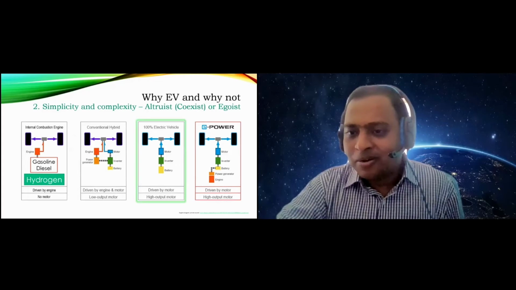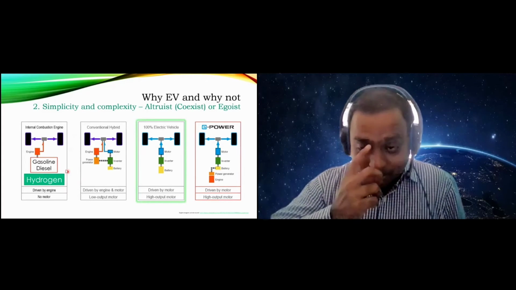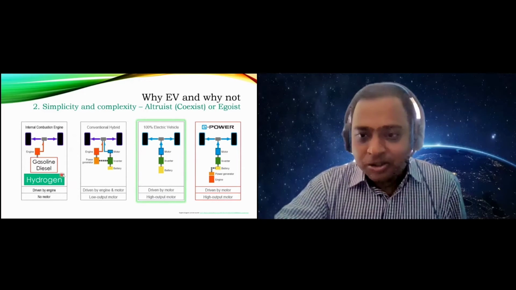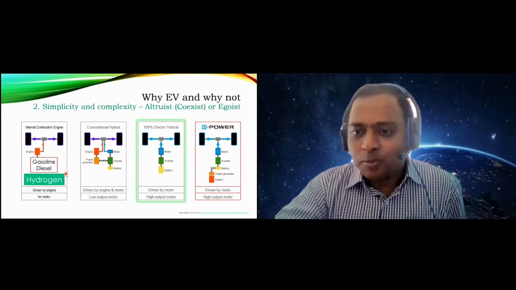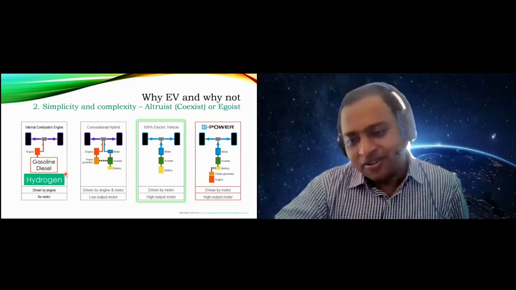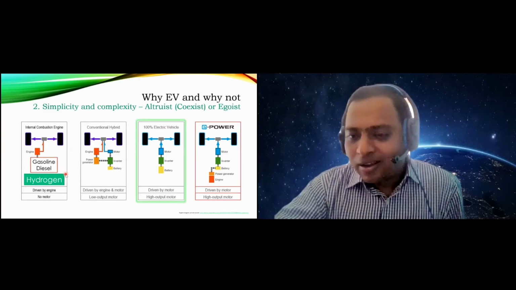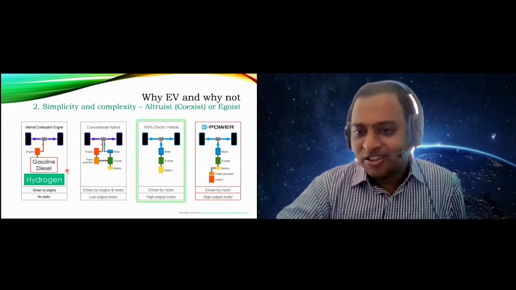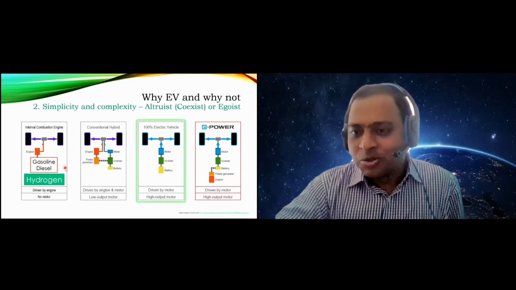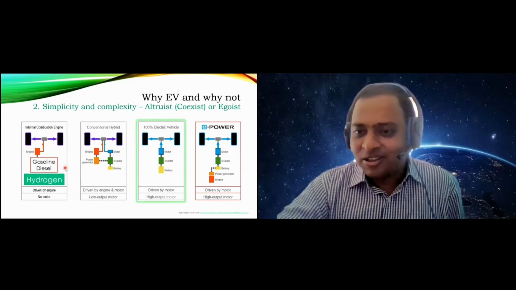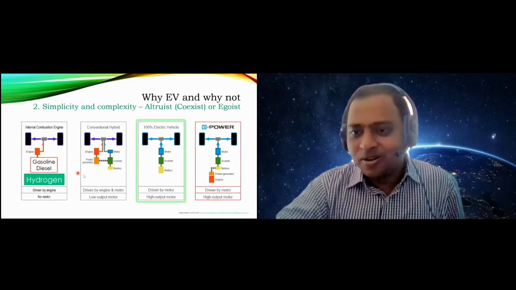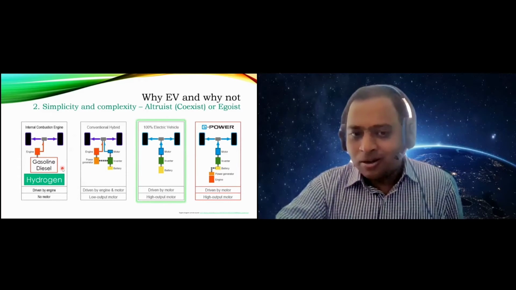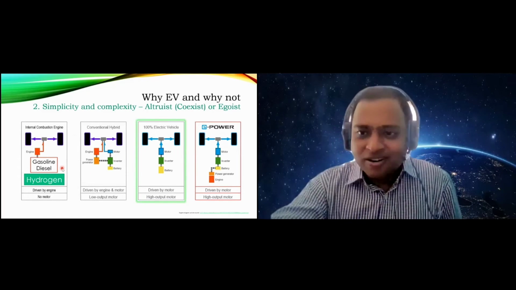Gasoline, diesel, or hydrogen, so there were limited fuels to power the vehicle. But in the case of a battery, right now there is no fixed chemistry available. Everybody is still researching what chemistry suits best, whether lithium ion, sodium, or many more.